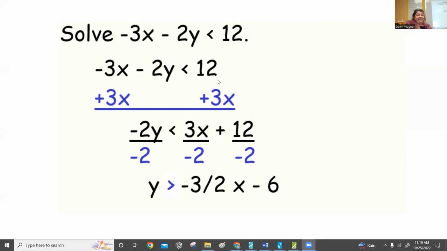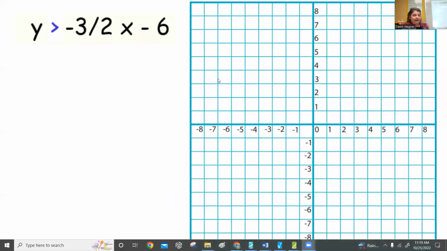Right? So I'm here now, and I'm going to graph this. I solve it, and then I graph it. It's in slope-intercept form because I changed it from standard. Before I start graphing, I have to ask myself a few things. One, is this going to be a solid or a dashed line? It's going to be dashed.